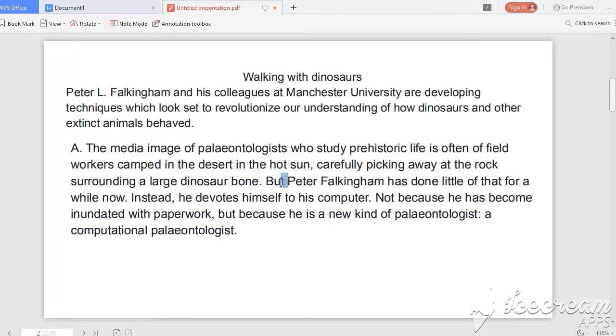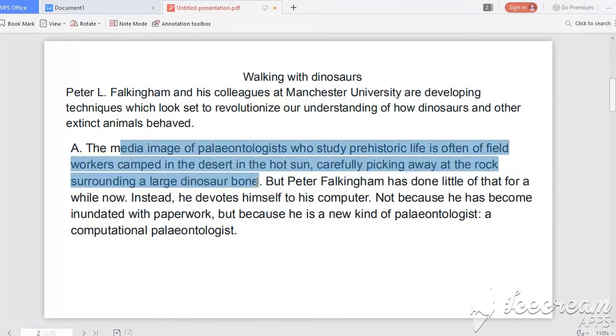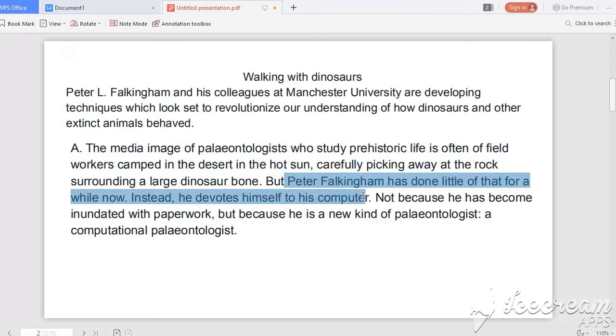And here is the conjunction which is used to show a contrasting view. So without reading the next sentence, I can assume there is an opposite view in the next sentence.